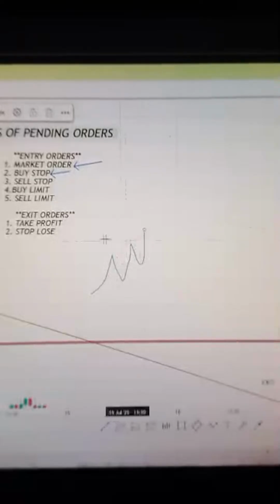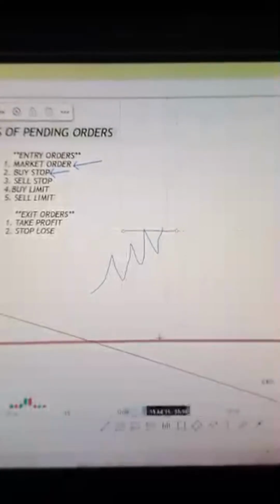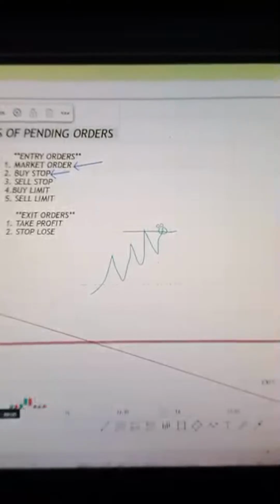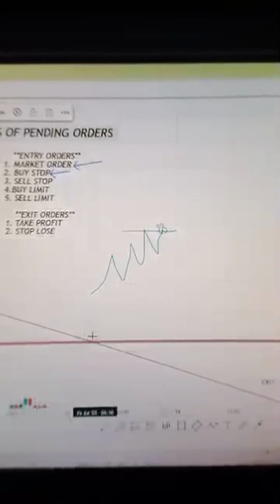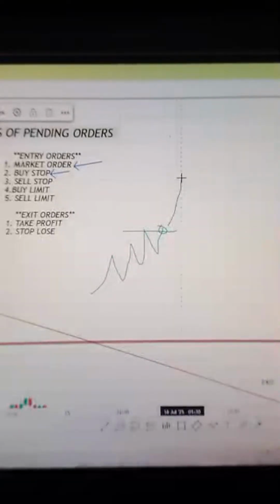You want to be sure that the market has broken this zone, this structure here. That is when you want to take your buy. So this is where you put your buy stop, around here. Once the market comes, it will trigger the buy stop for you, and as it keeps going up, you'll be in profit.